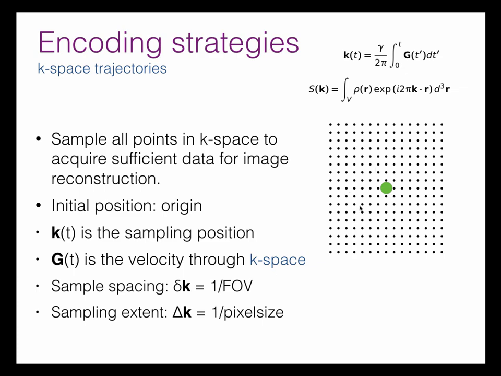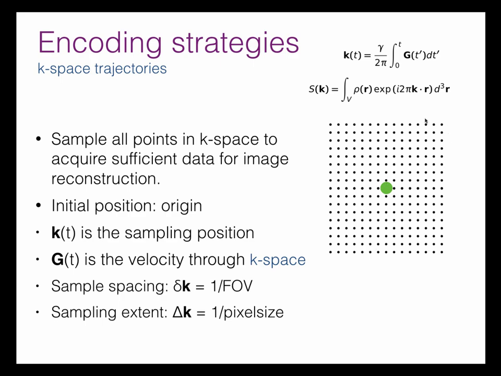Okay. A couple of points of interest are that, as I say, g of t is essentially velocity through k-space. And the sampling spacing, the intersample spacing here, is essentially what determines your field of view. The delta k between these two samples is essentially one over field of view, and the entire extent of the k-space region we cover essentially determines the pixel size.